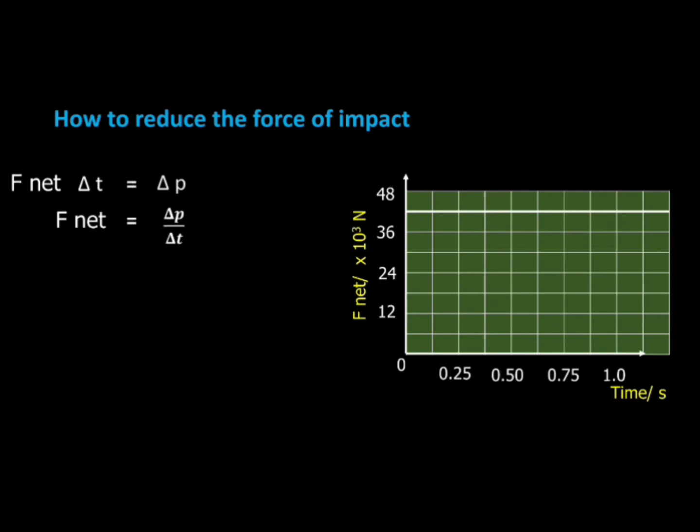We know that the magnitude of our change in momentum was 12,000. So the net force will be 12,000 divided by delta T. Okay, so let's roll. If the contact time is 0.25 seconds, the net force that will be experienced by the passengers inside will be 48,000 newtons.